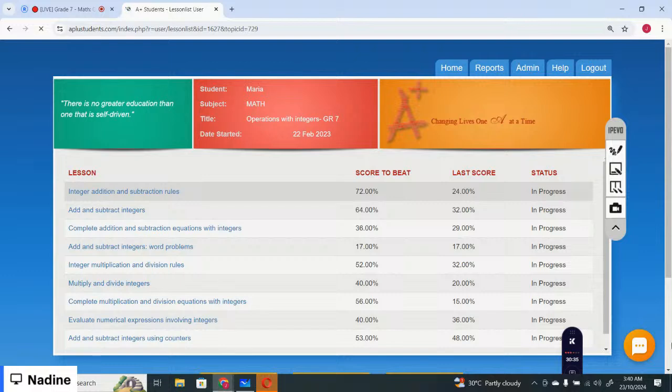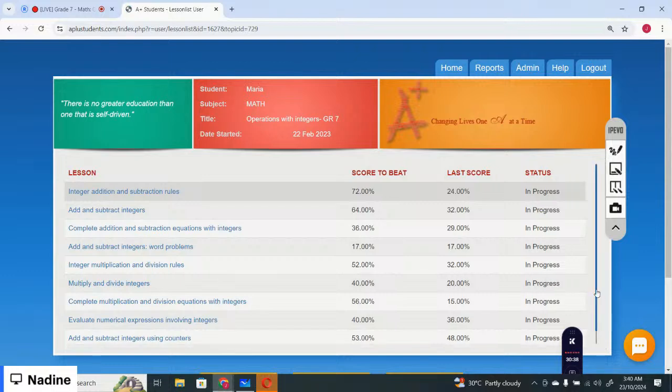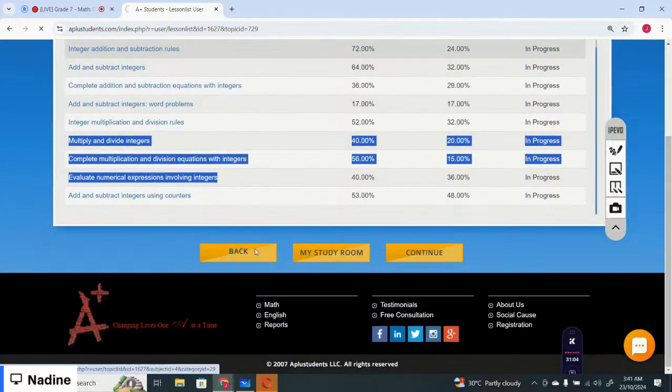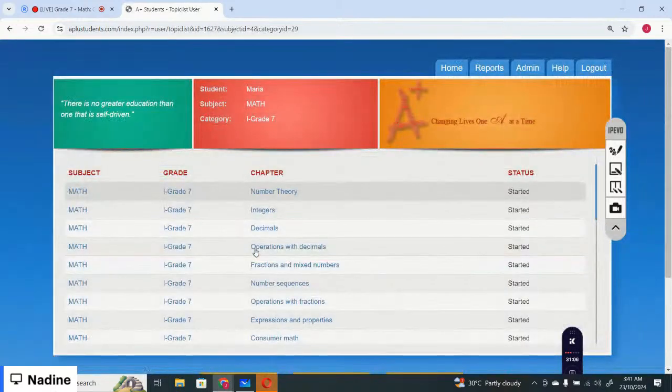The lessons we have covered today are multiply and divide integers, complete multiplication and division equations with integers, evaluate numerical expressions involving integers. So please make sure before the next session you can complete all the practice questions for the lessons we just did. That is your homework until next session.